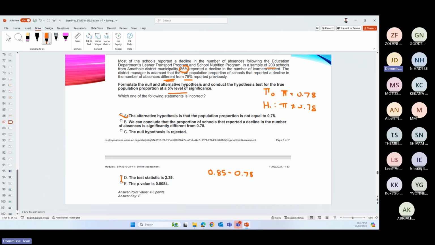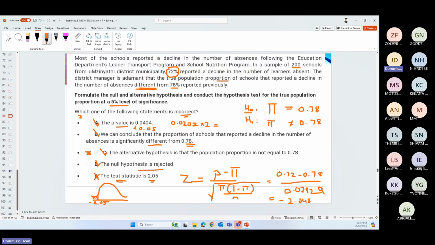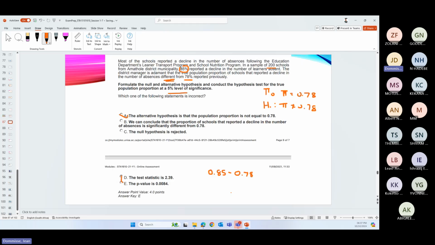So that t-stat might be right. I just want to use this 0,02929 because that is, in any case, what we have. That didn't change.